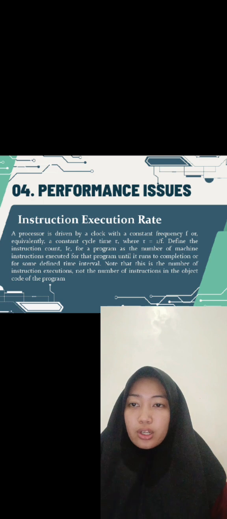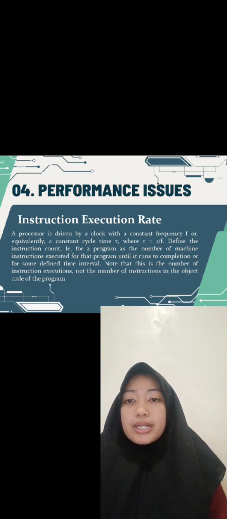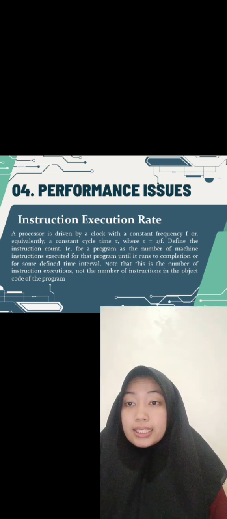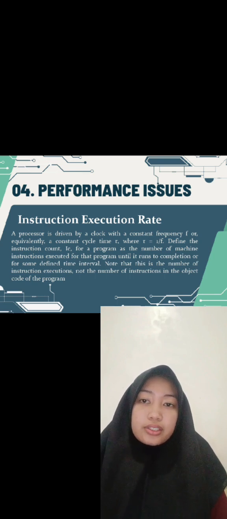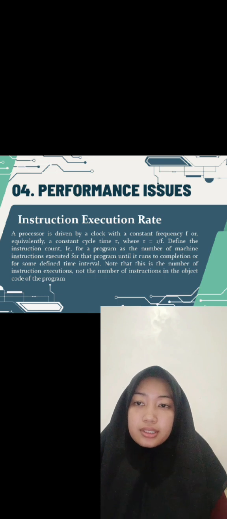Define the instruction count Ic for a program as the number of machine instructions executed for that program until it runs to completion or for some definite time interval. Note that this is the number of instructions executed, not the number of instructions in the object code of the program.